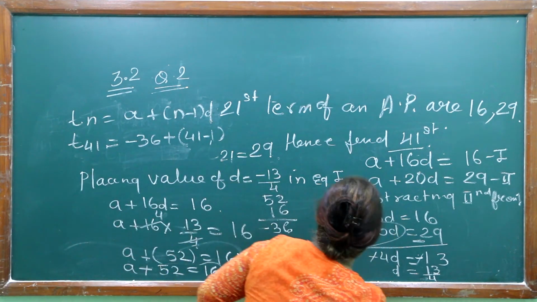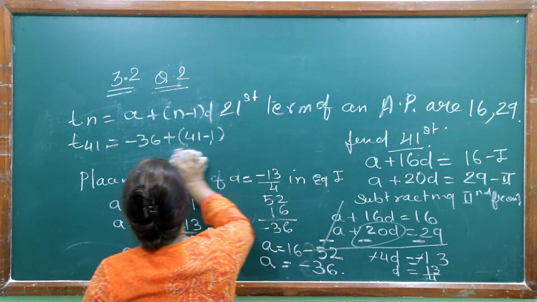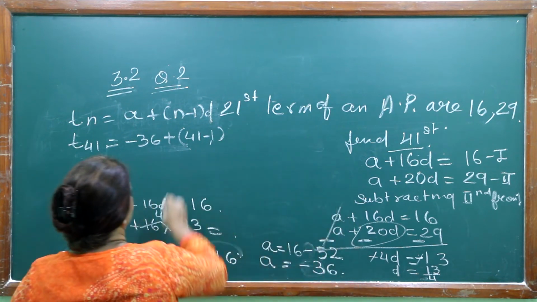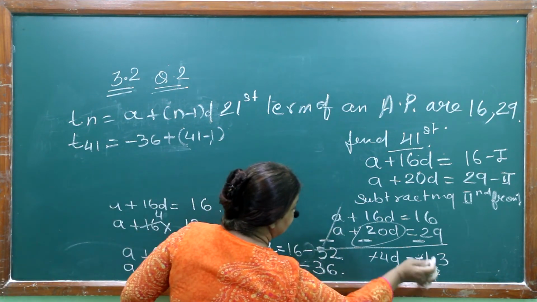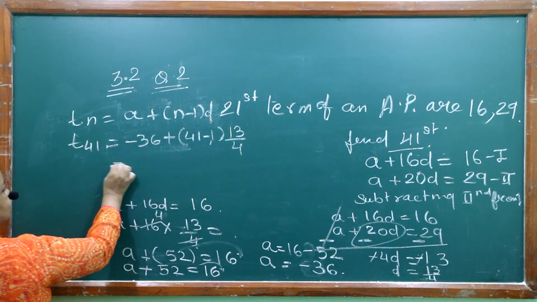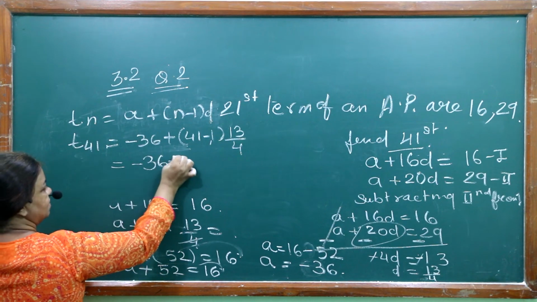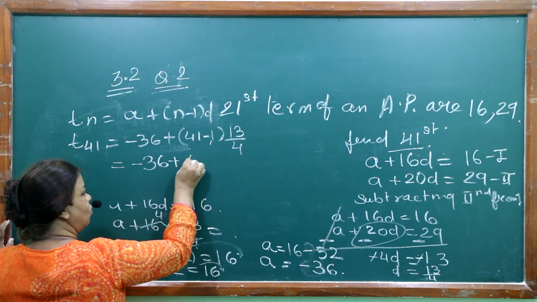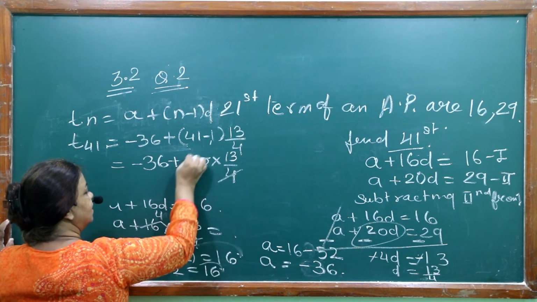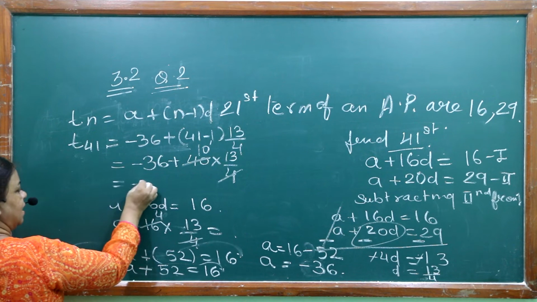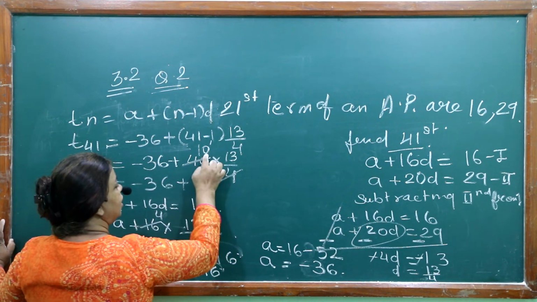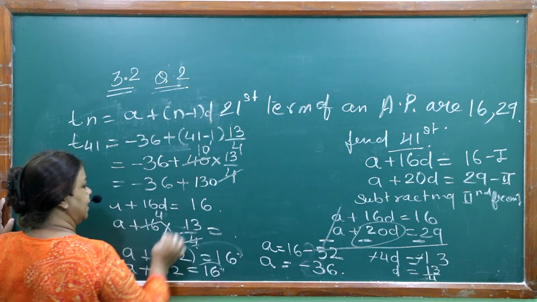Now D value 13 upon 4, which will be minus 36 plus 41 minus 1 is 40 into 13 upon 4. Cancel, it will be 10, minus 36 plus 13 into 10 is 130.